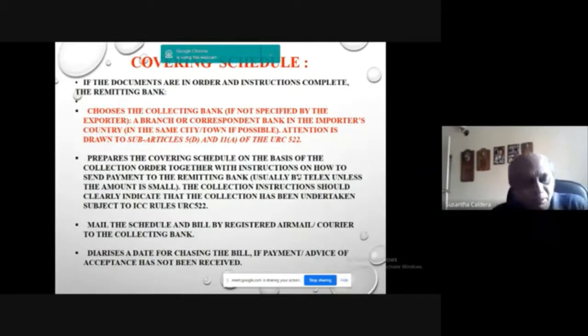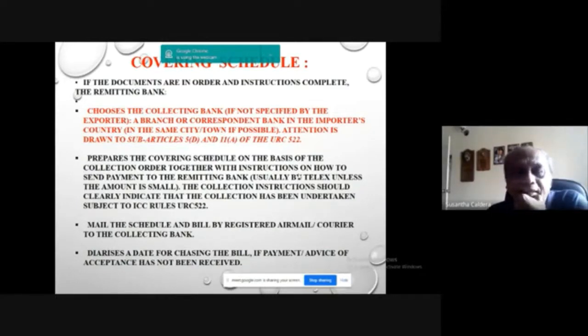URC 522: prepare the covering schedule on the basis of the collection order, together with instructions on how to send payment to the remitting bank, usually by telex unless the amount is small. Always in the covering schedule, which the remitting bank sends to the collecting bank along with the documents, we have to give the payment instructions to the remitting bank.